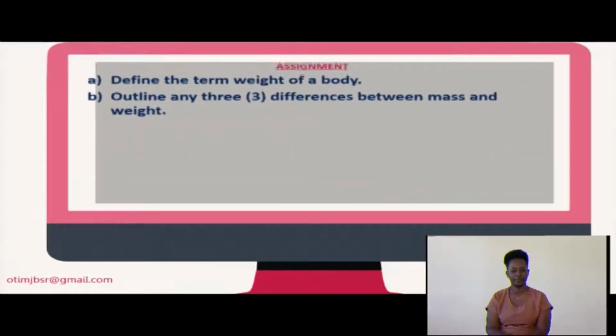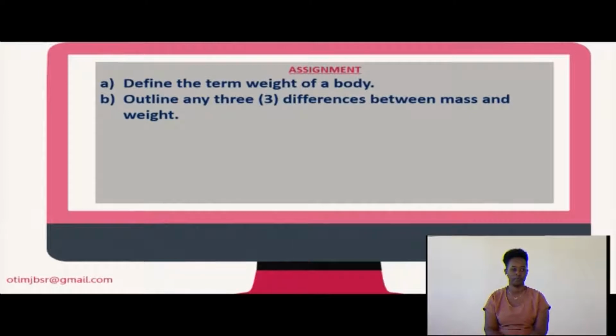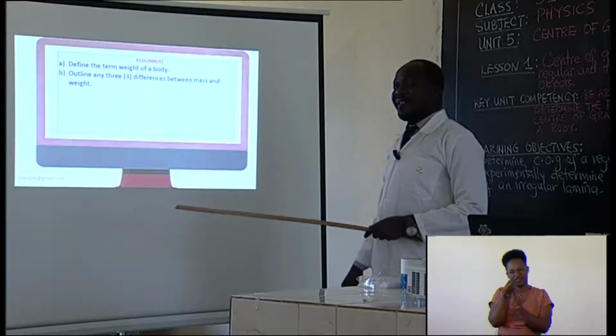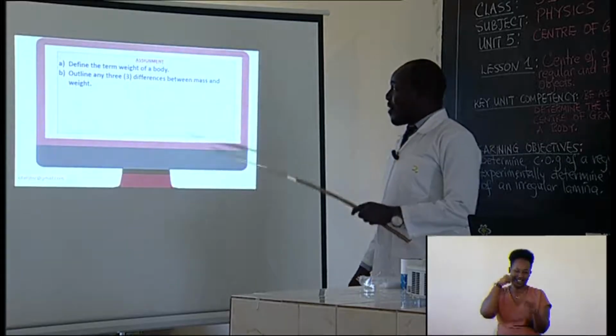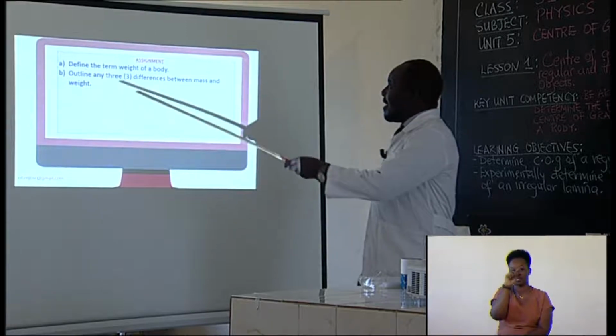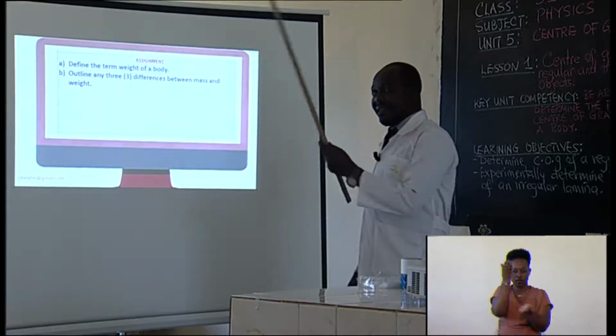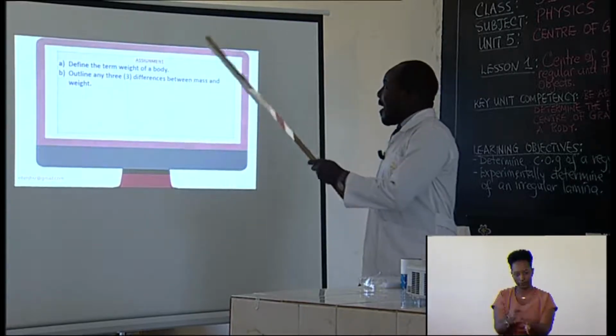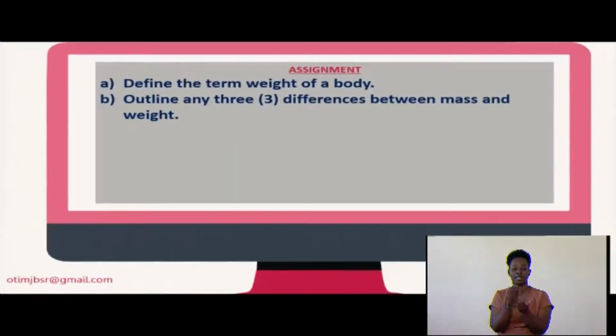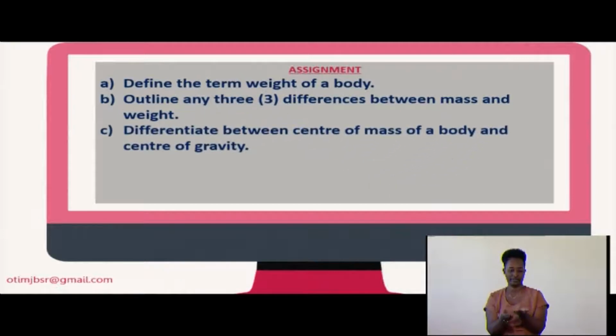So, I will then give you an assignment. And the assignment I'm going to give you, which I will give you time to take, will be just a few questions, very nice questions. One of them is, define the term weight of a body. B, outline any three differences between mass and weight. You have others.